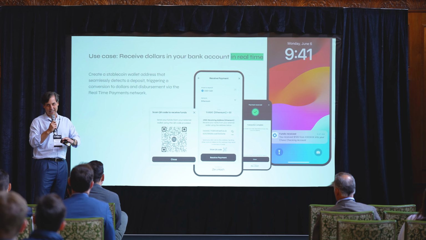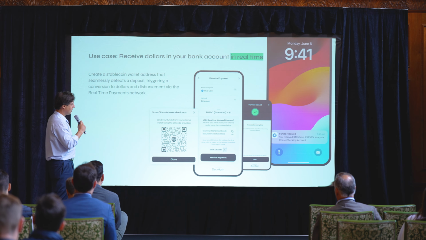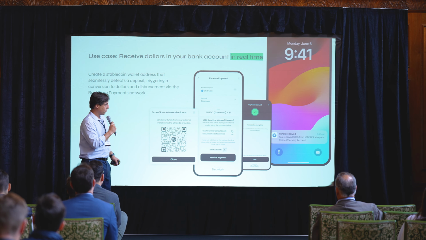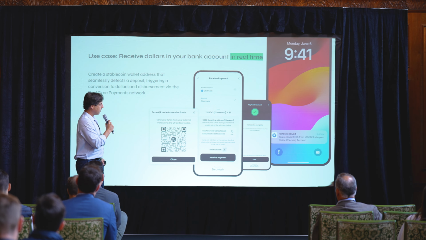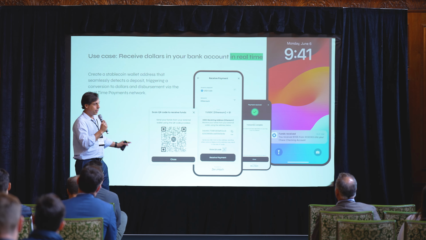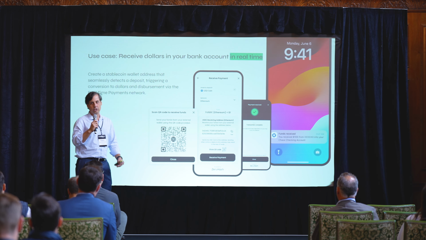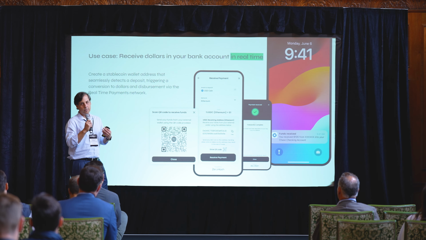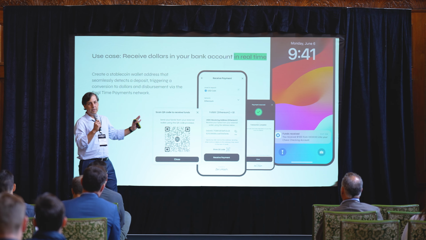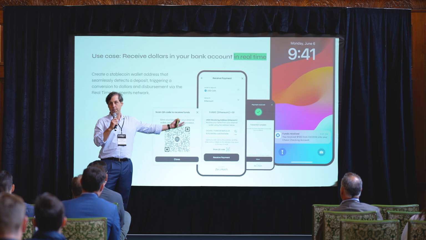This is a good example. I'm going very fast, but I want to slow down a little bit on this one. For those who are familiar with the crypto world, this was a dream for all of us: being able to just receive stablecoins or crypto on one side and get that in our bank account so we can operate it in real time.